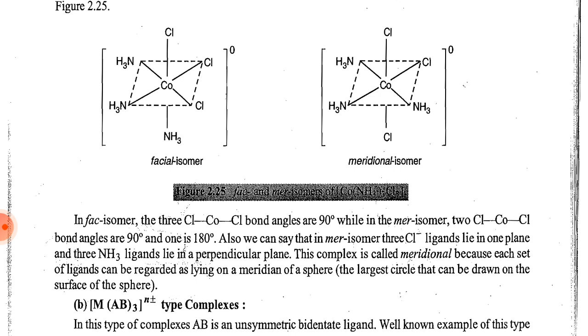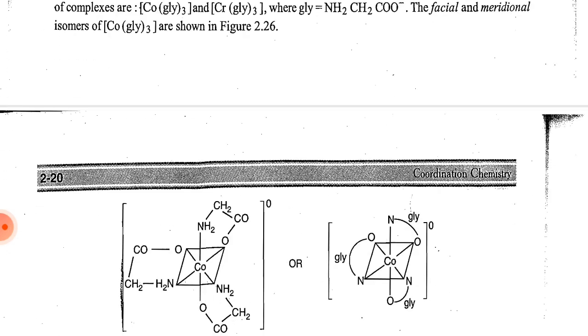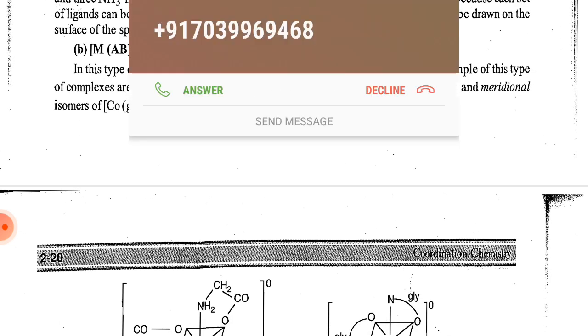Why is it meridional? Because these ligands lie at the meridian of a sphere. It is the largest circle that can be drawn on the surface of a sphere. Then Ma2b2c2.